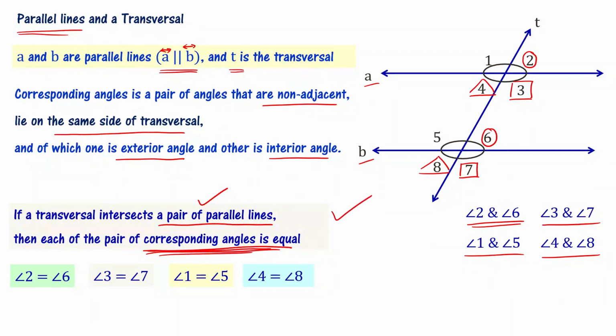This point you have to remember. Corresponding angles ఉన్నాయా? They are equal. సింపుల్గా మీరు గుర్తుపెట్టుకోవాల్సింది ఏంటంటే corresponding angles are equal if the lines are parallel lines and a transversal intersecting those two parallel lines. Okay?